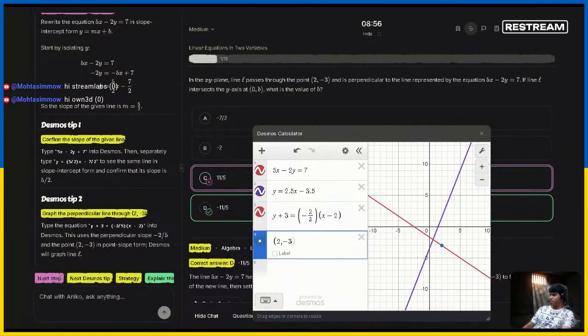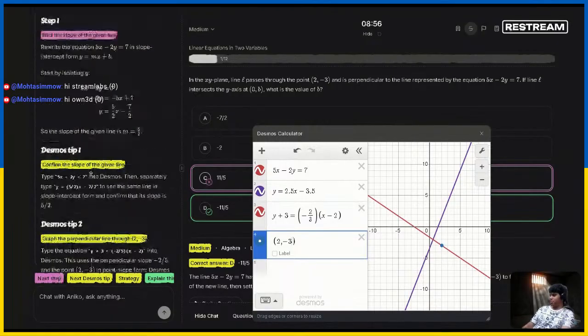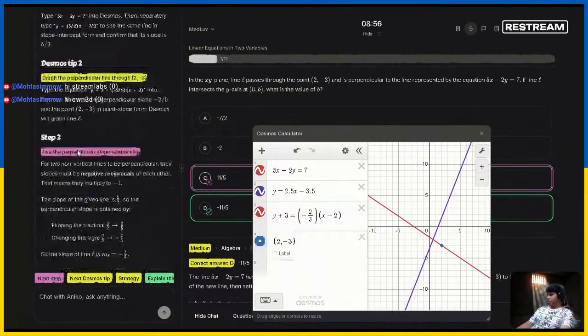Okay, let's do this step by step. For two, they multiply to negative 1, so the perpendicular slope is obtained by, it's 5 over 2.